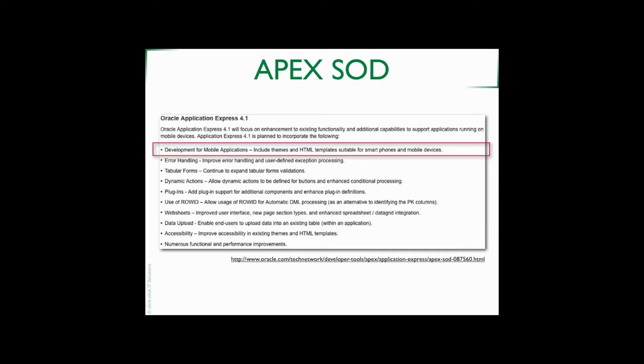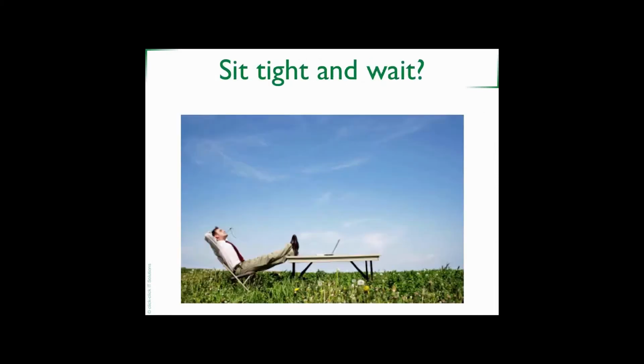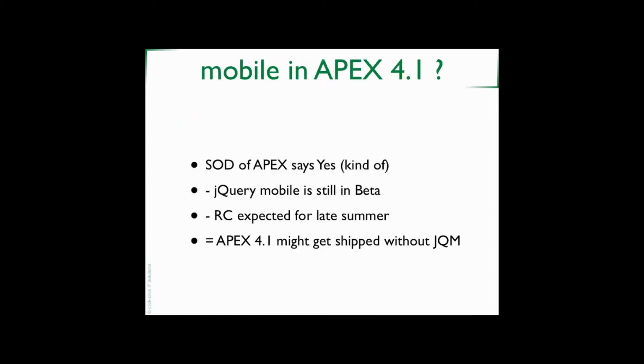So there's the question: sit tight and wait until Apex includes and integrates jQuery Mobile, because that can take a while. As I just told you, the Apex statement of direction kind of says it includes mobile support at all, but the jQuery Mobile release candidate is expected for late summer.